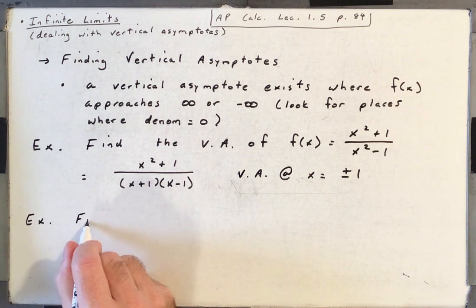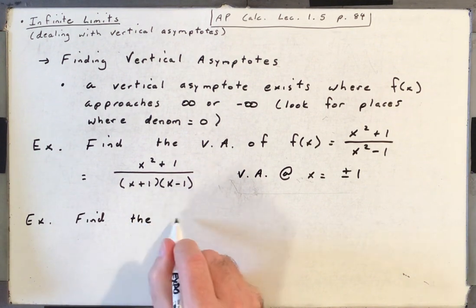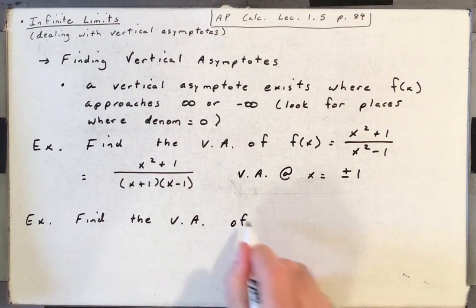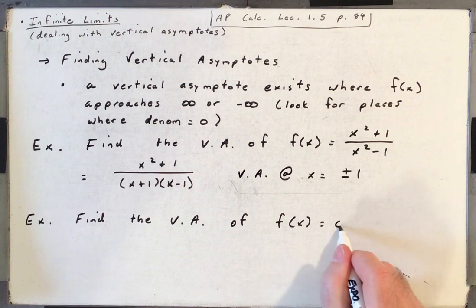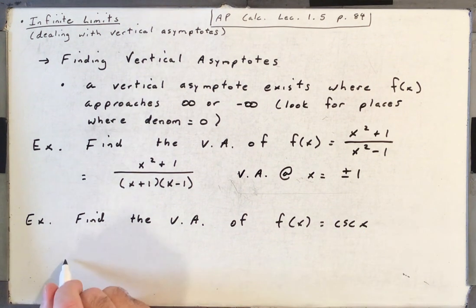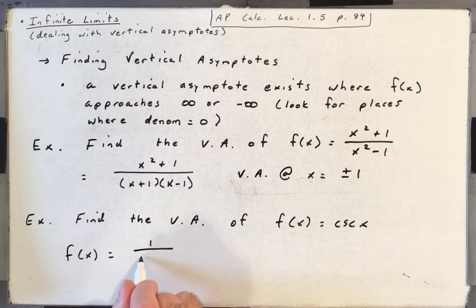Let's find the vertical asymptotes of f of x equals cosecant x. Okay, so cosecant, it would be helpful to think about that as just 1 over sine x.